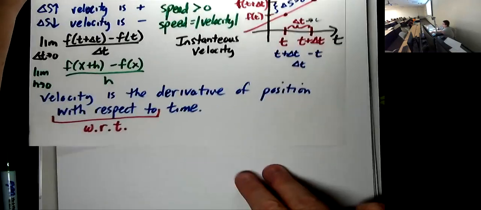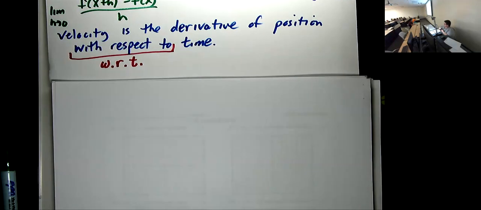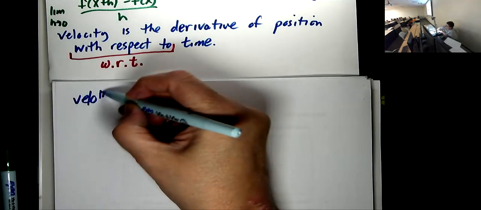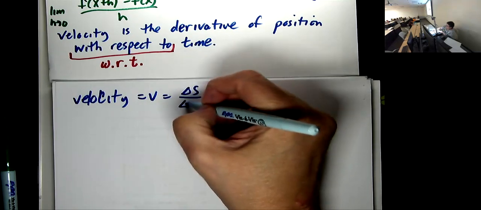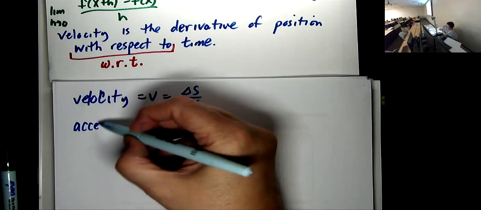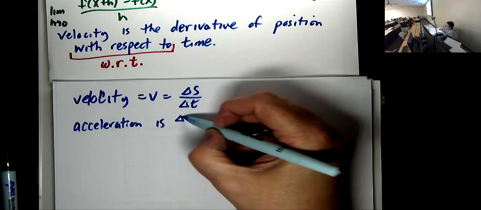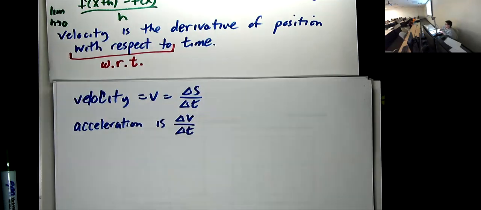All things motion related are derivatives of other things. The velocity is a derivative of position with respect to time. So velocity is a change in position over a change in time. Acceleration is a change in velocity over a change in time.